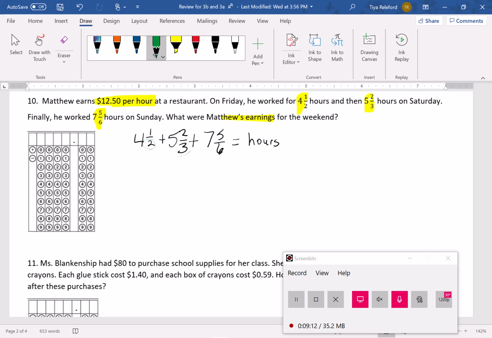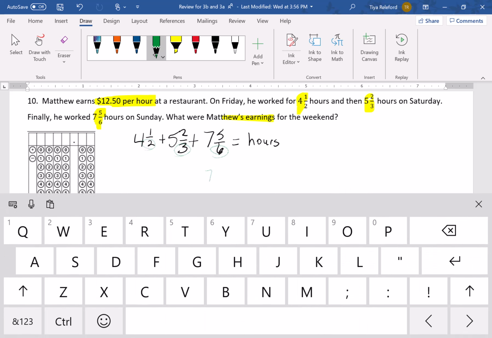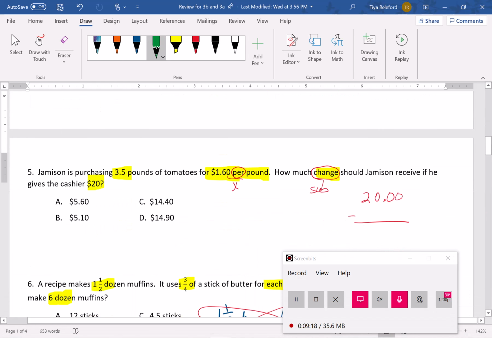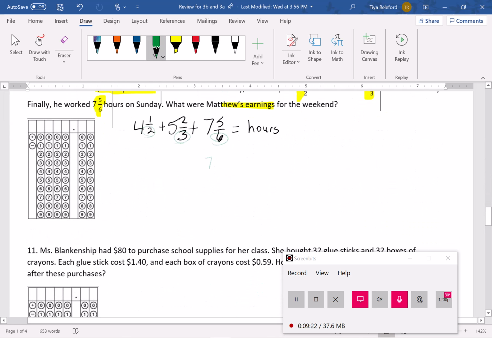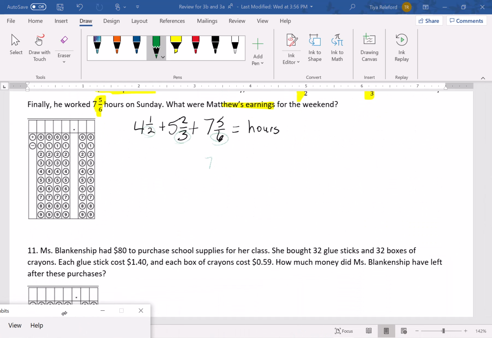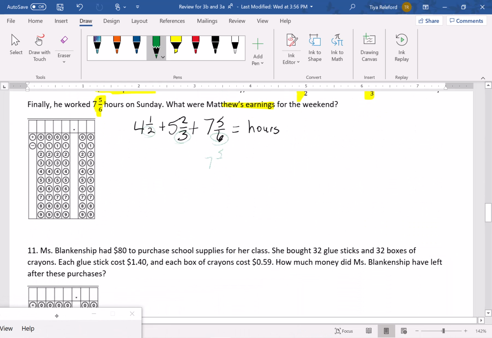I will tell you, if you look at these denominators, I would use 6. So I would add those first.